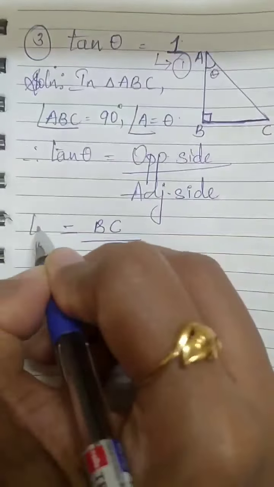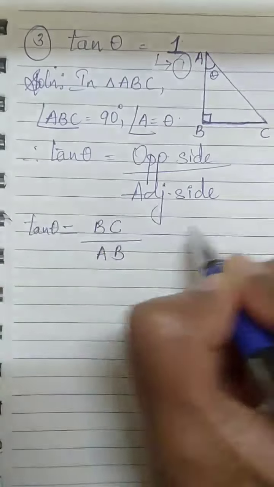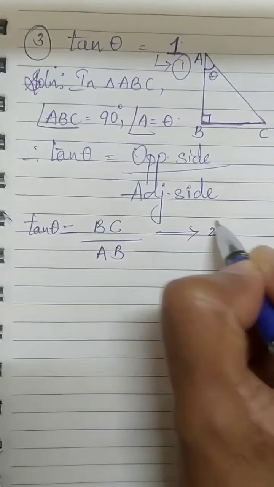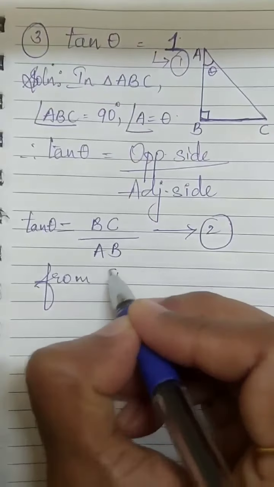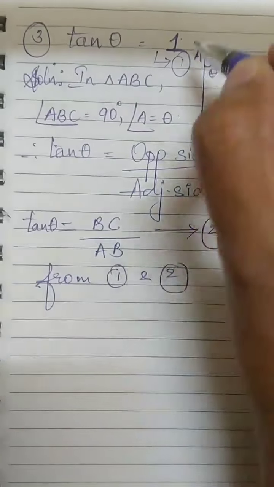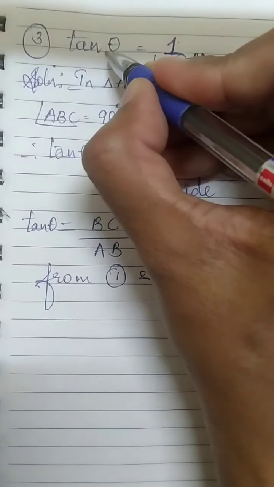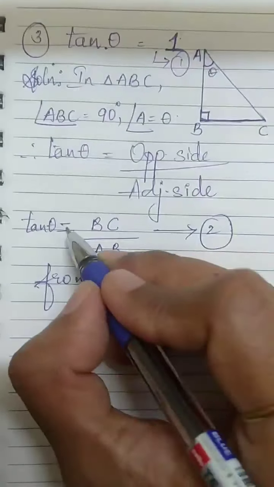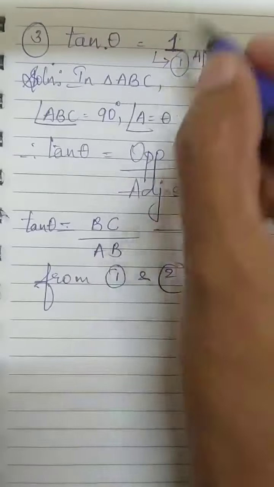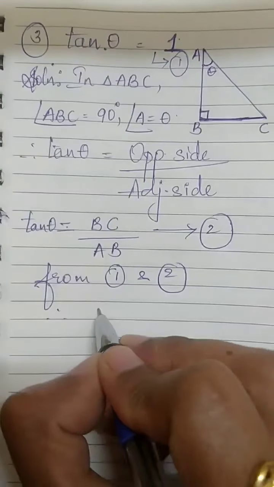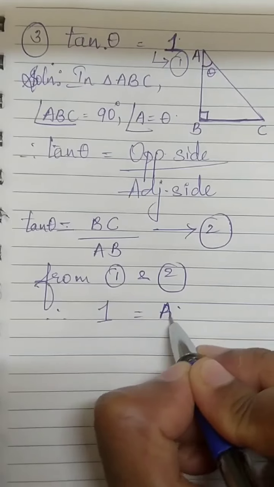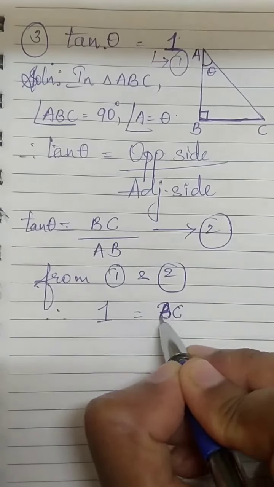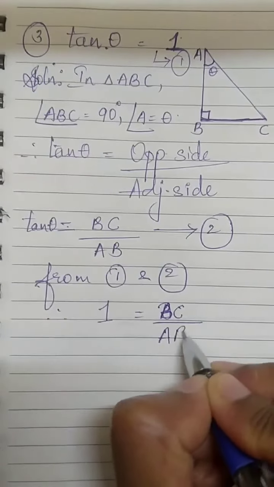So this is tan theta according to formula. This equation will give us 2. From 1 and 2, for 1 also left hand side tan theta, 2 also left hand side tan theta. So right hand side will be, therefore 1 is equal to BC upon AB.